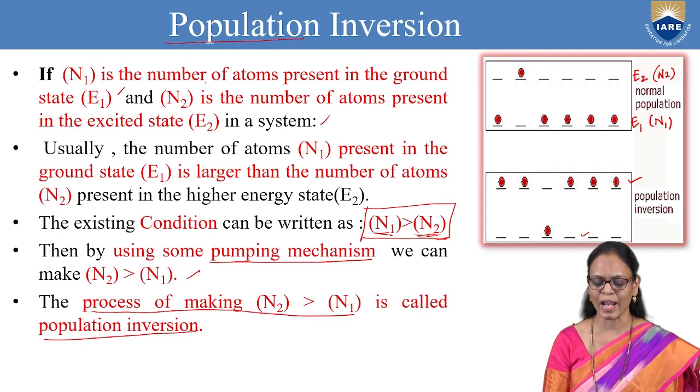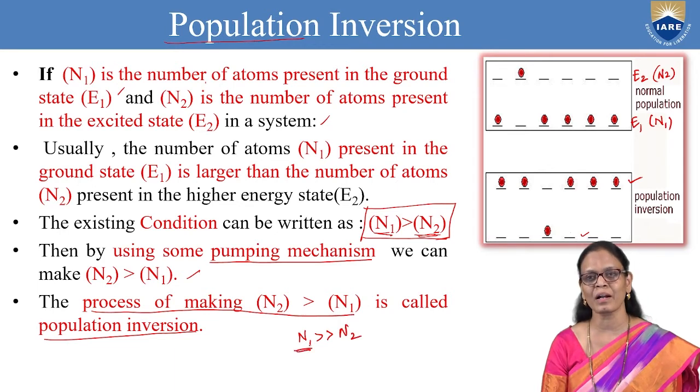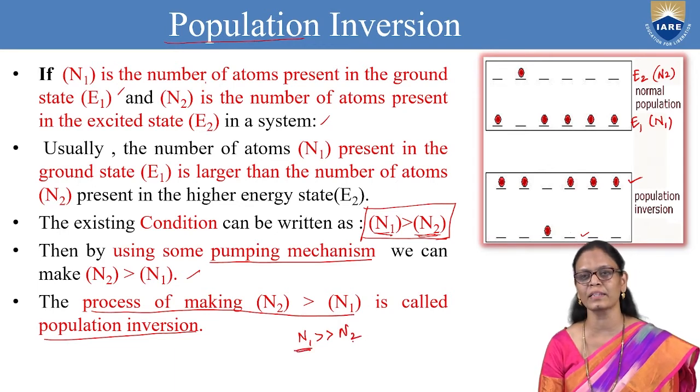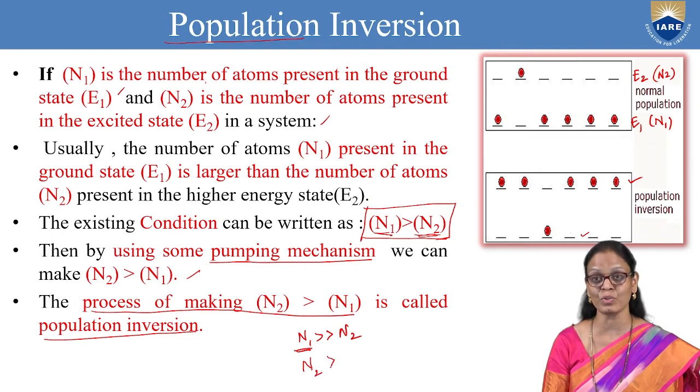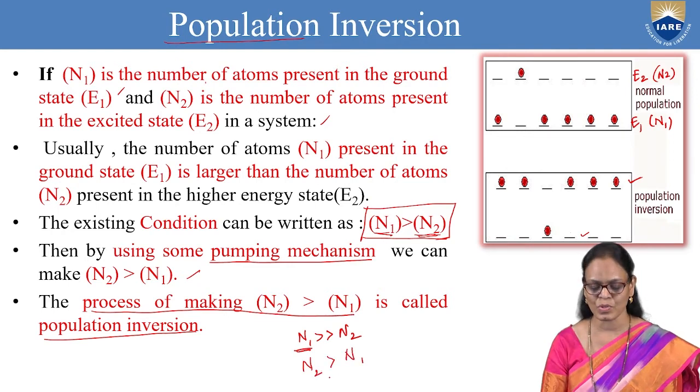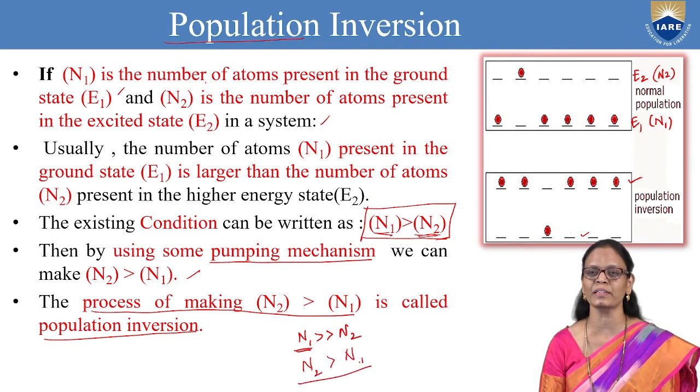Actually, N1 will be greater than N2, the number of atoms in the ground state is more than that in the excited state. But to get laser, the condition required is that N2 should be greater than N1. So, how do we make N2 greater than N1?